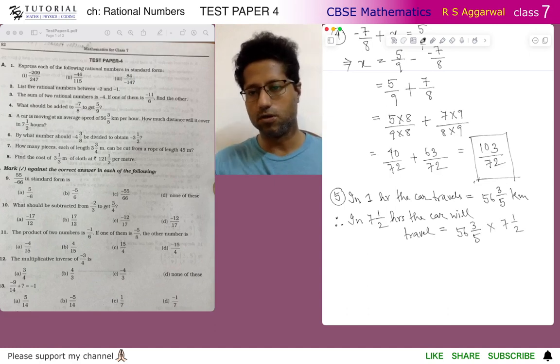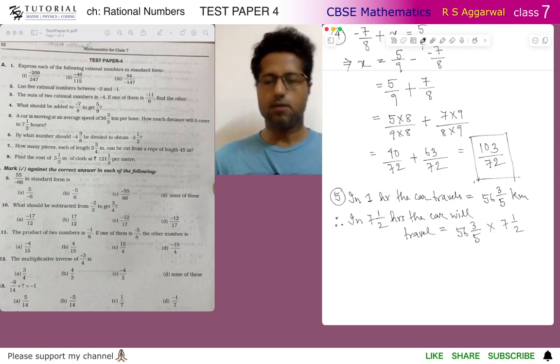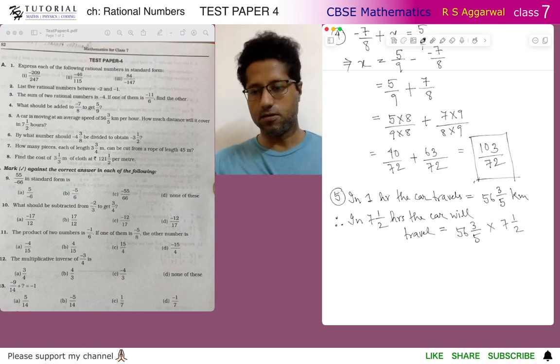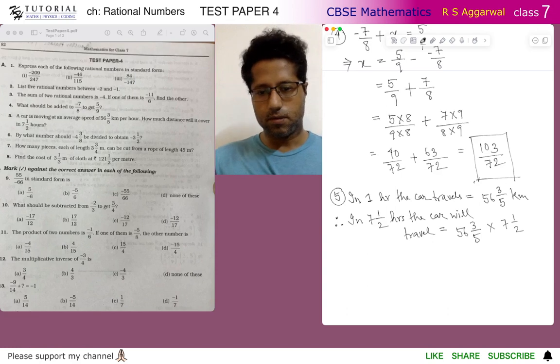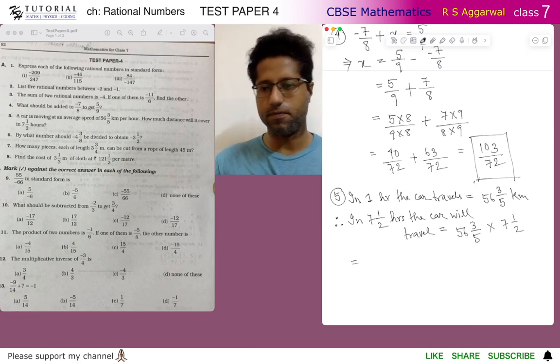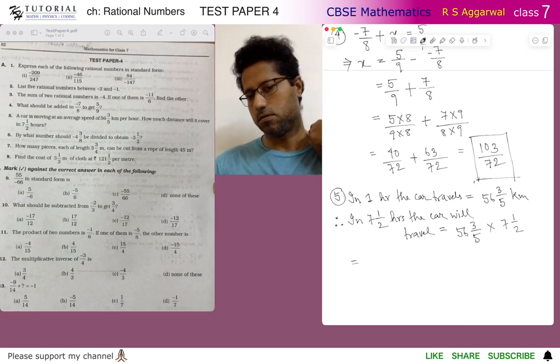I'm omitting the symbol kilometer. I hope you will understand. So we have to find this multiplication. Now let's convert the mixed fractions to improper fractions. It is multiplication. Okay.